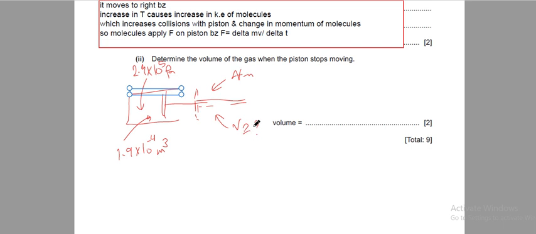Okay, so 2.9 times 10 to the power 5 times 1.9 times 10 to the power minus 4 equals atmospheric pressure, which is 1.2 times 10 to the power 5, times V2. Here V2 would equal 5.5 times 10 to the power minus 4 meter cubed.